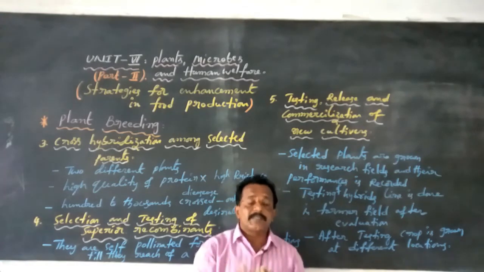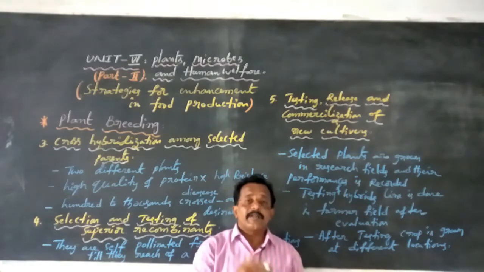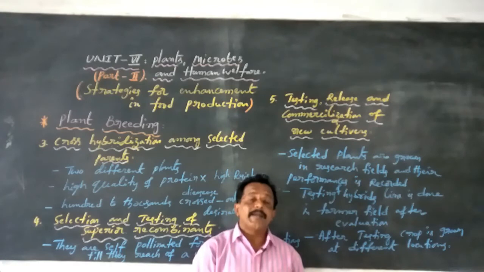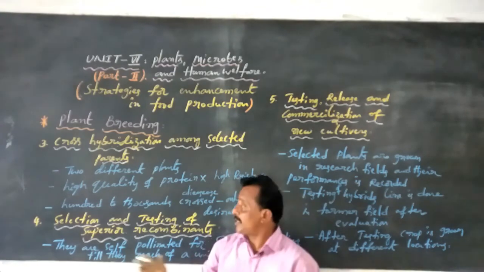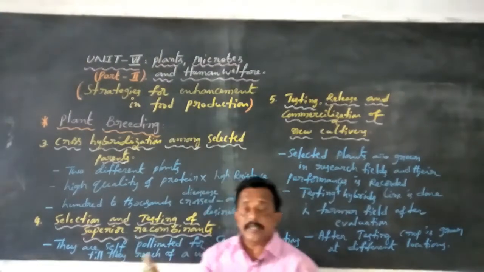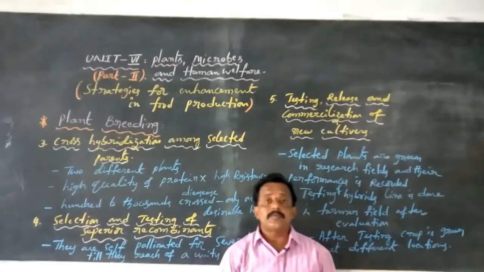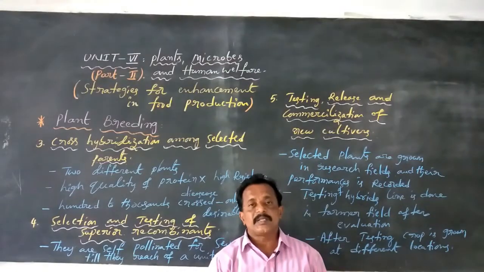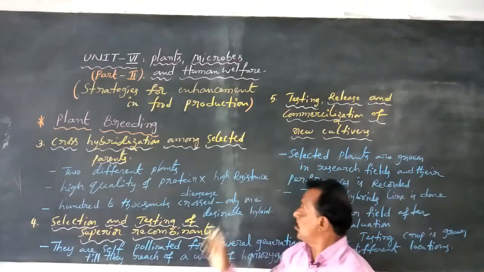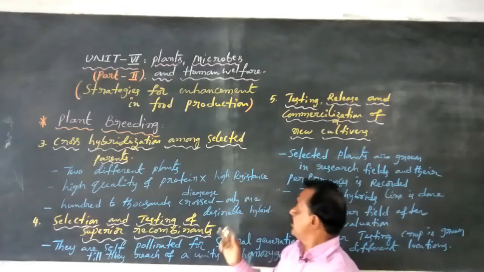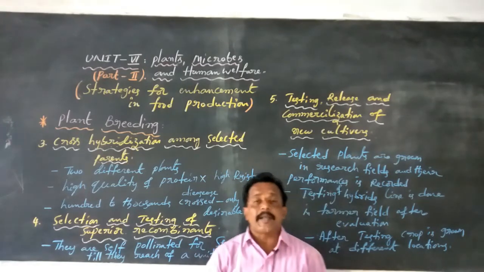How many times? Among different plant varieties, hundreds to thousands of times. Finally, only one desirable hybrid plant results.